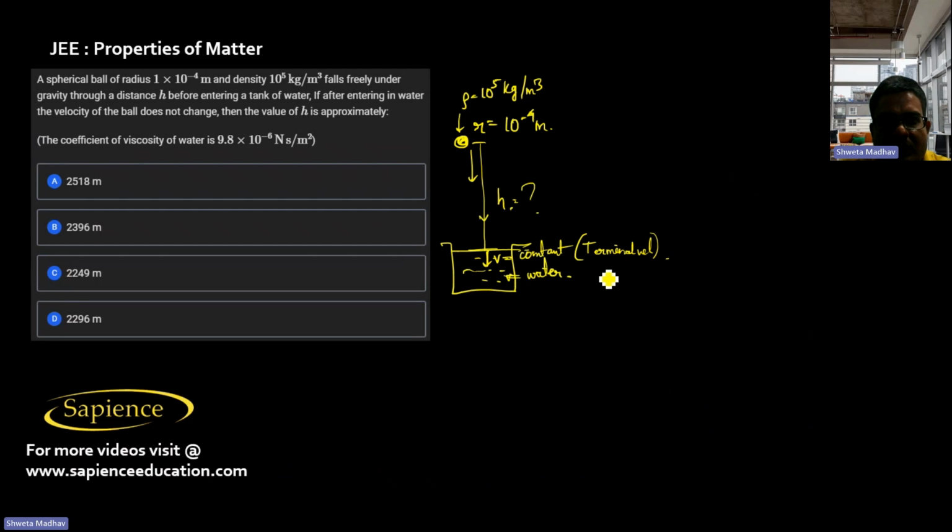The coefficient of viscosity eta for water is 9.8 into 10 power minus 6 Newton second per meter square.